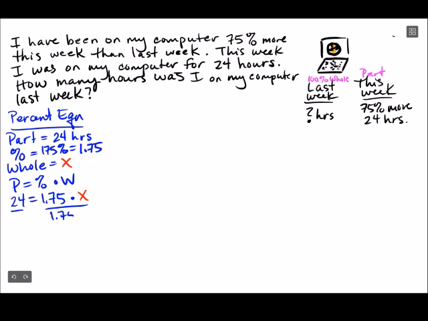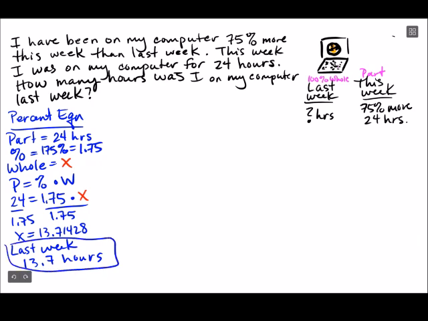I divide both sides by 1.75, and that gives me X equals 13.71428. So I know that last week I was on my computer 13.7 hours.